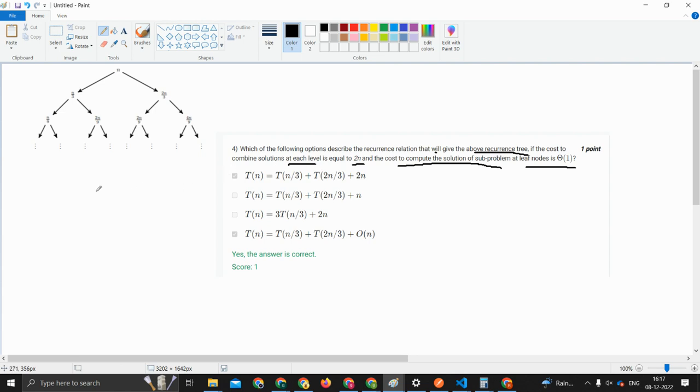The first one is fine, because it is n by 3 plus 2n by 3.